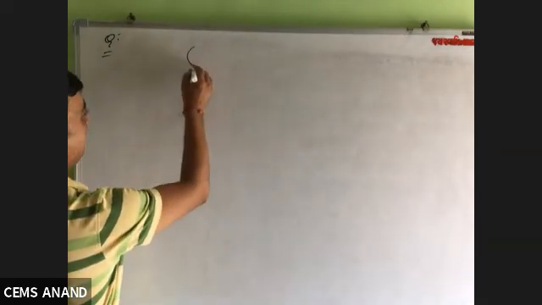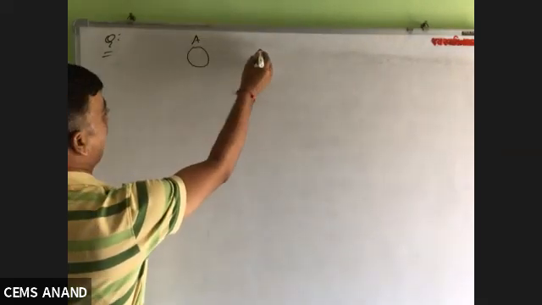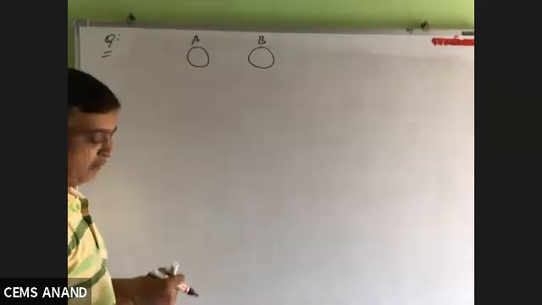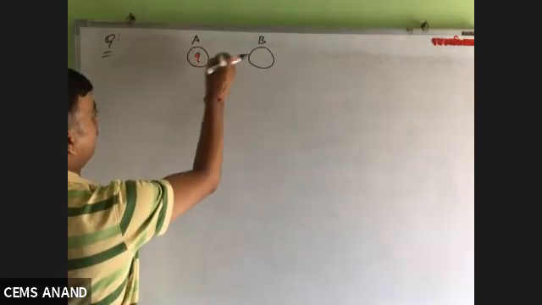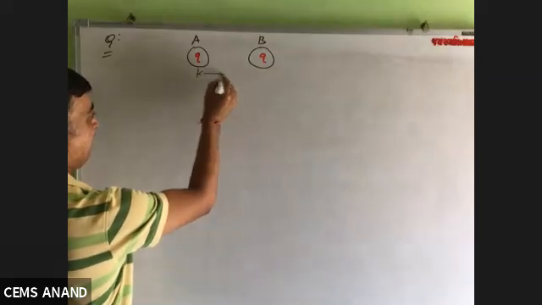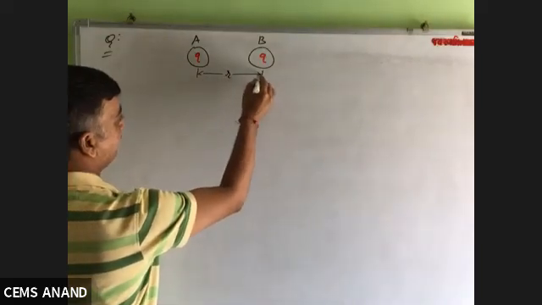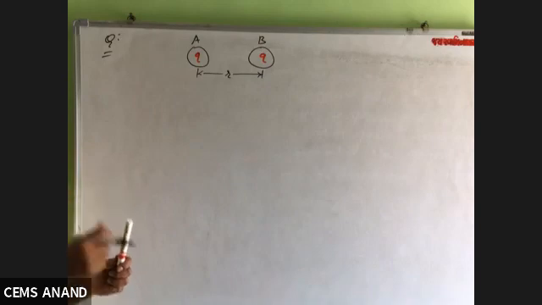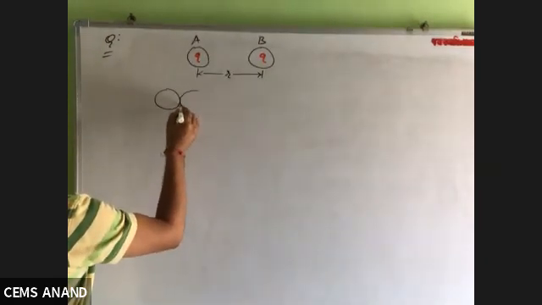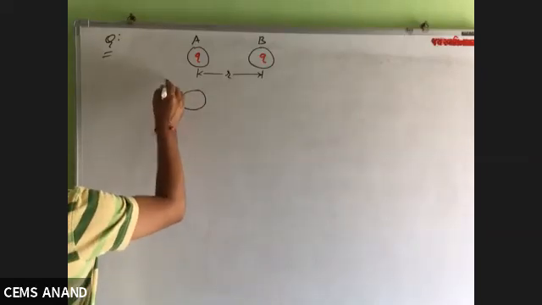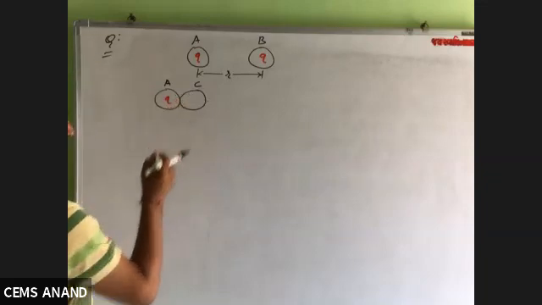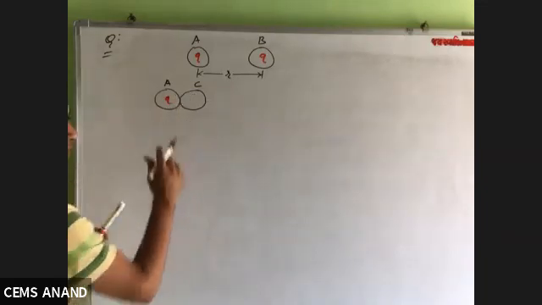So previously we were given two identical metal spheres A and B with charge Q on each. The separation between them is r, right? Then A is connected to another sphere C, but here only A has charge, while C has 0.